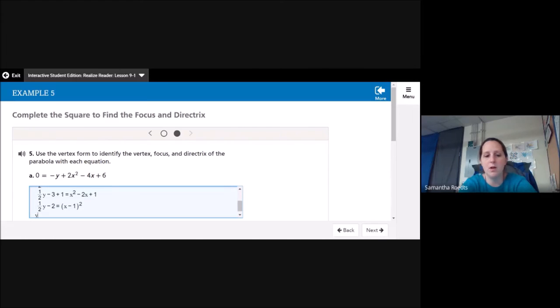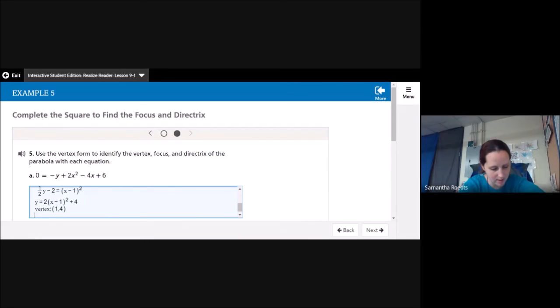So that is y equals 2(x minus 1) squared minus 4. Okay, so my vertex is (1, 4).